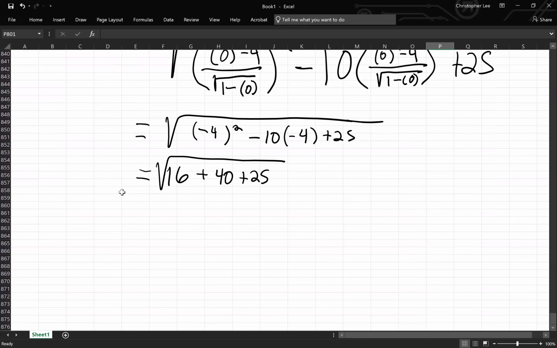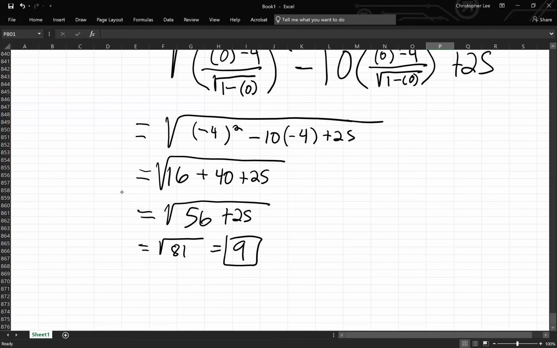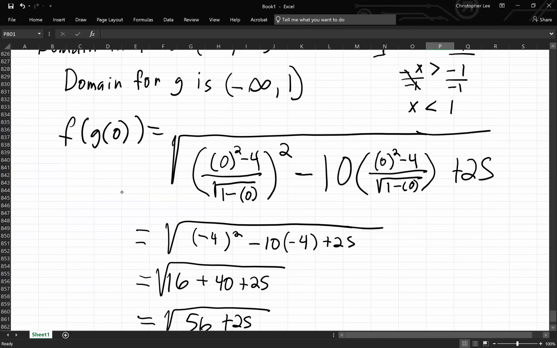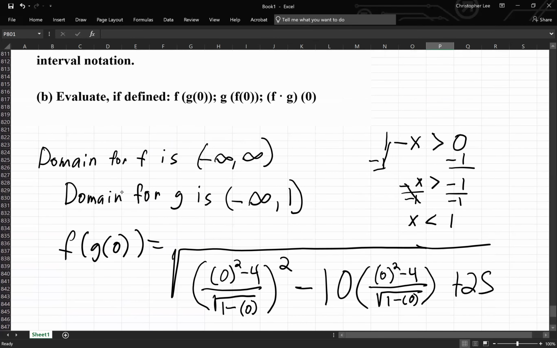Let's do the math on this. 56 plus 25, which is square root of 81. Just doing it in my head, which is 9. Okay. Oh boy, what a question.